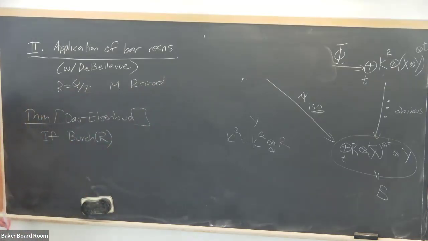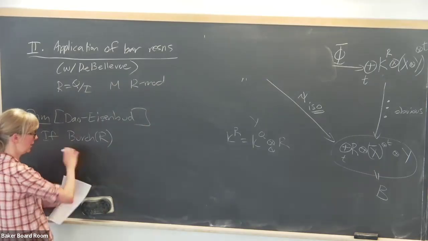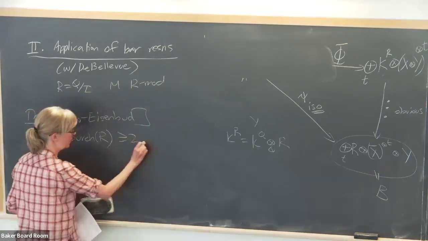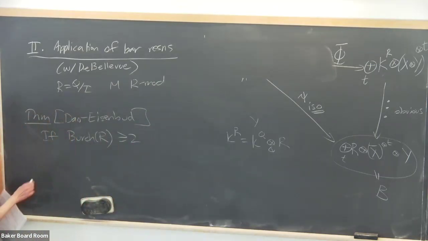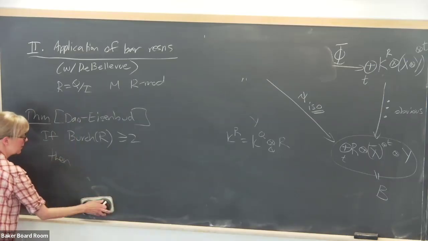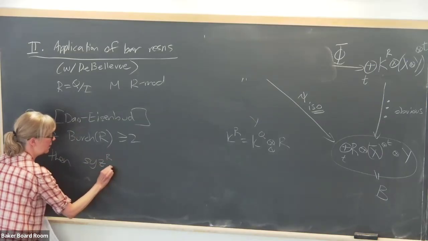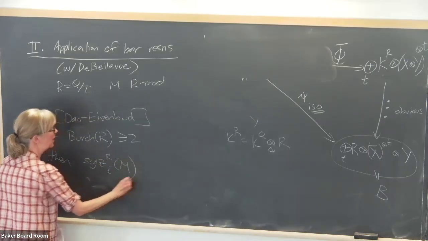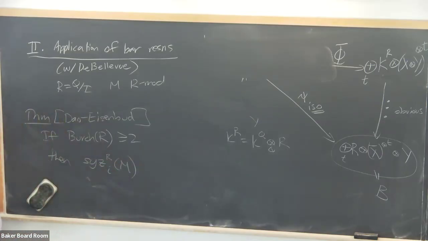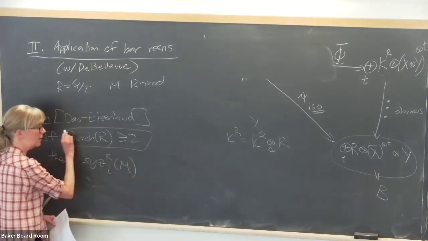I'm assuming it's a depth 0 ring, so the classic Birch index, which I'll describe to you in a second, is at least 2, then the syzygies, the I syzygy of the module M, doesn't even matter what M is. This is a property on the ring.